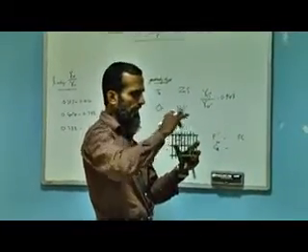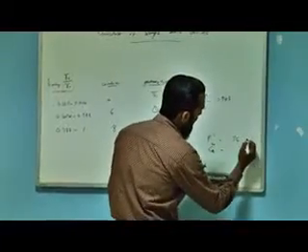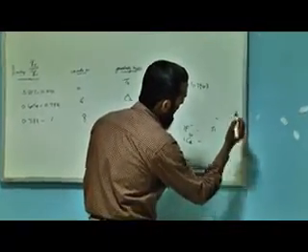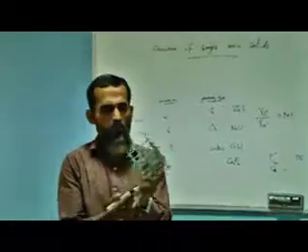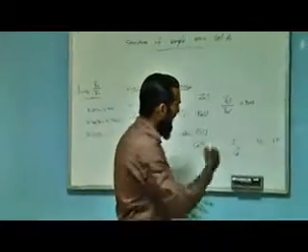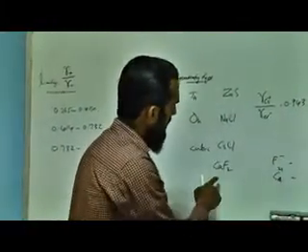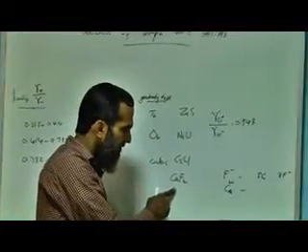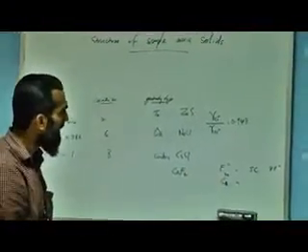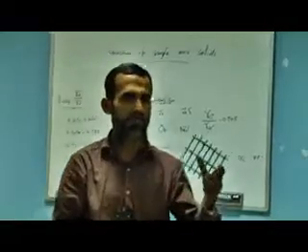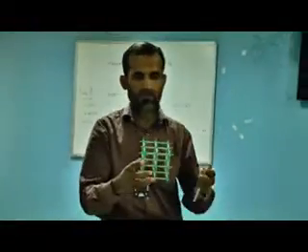So there are such 8 cubes, so the total number of fluoride is 8, so 8F minus. So for 8F minus, stoichiometrically you need only 4 calcium ions to balance the charge and the stoichiometry. So only 4 calcium can be kept in the voids.